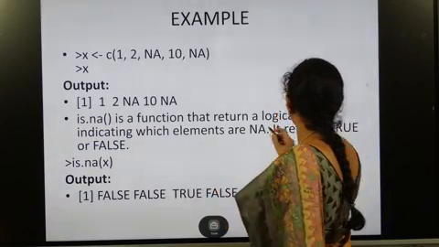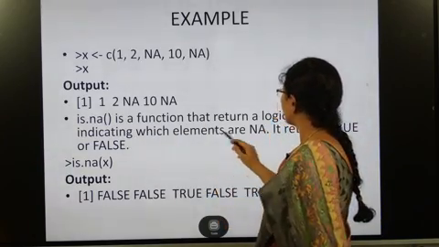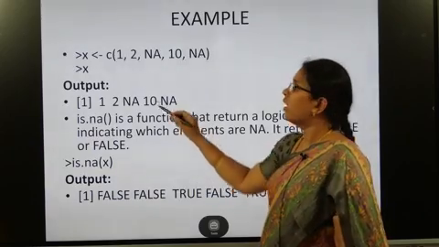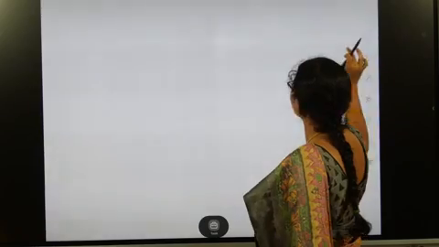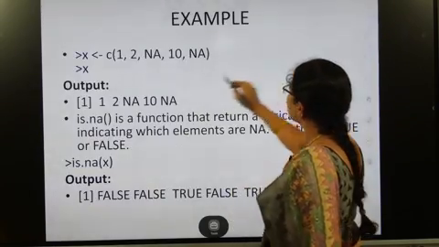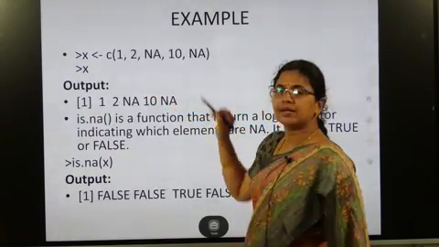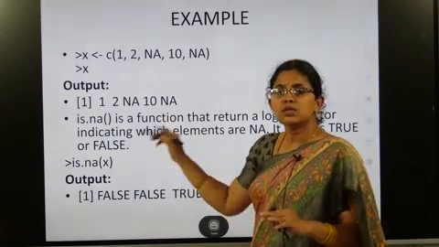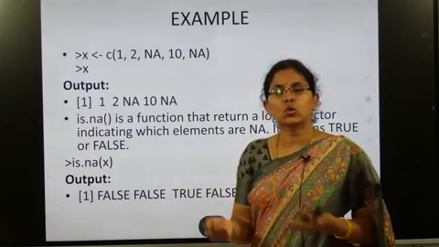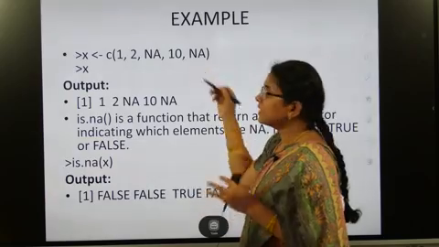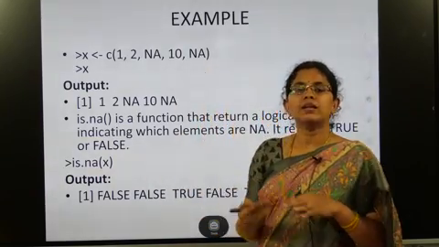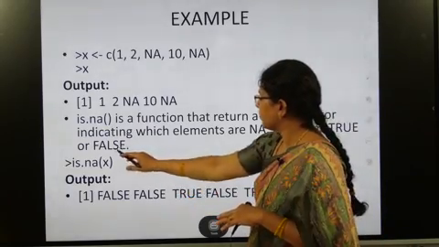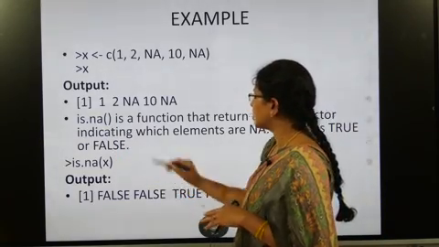If the vector contains missing values, it will give the result as true. If the vector doesn't contain any missing values or NA values, then it will give false.